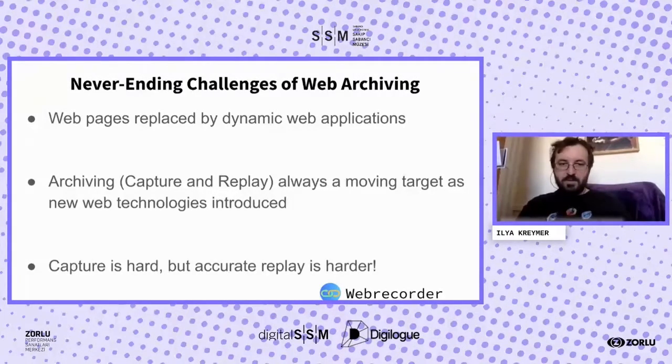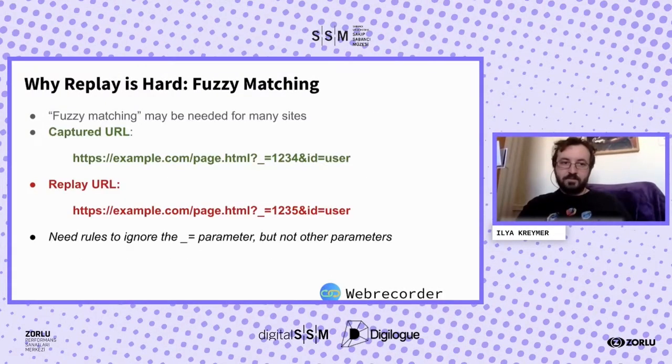Zainab mentioned some of them, so I also wanted to briefly mention a few others, including that when we replay URLs, we're sometimes not even getting the same URL back. The browser is requesting a different URL when we're playing it back than it did when capturing. Here's a very simple example of a page that might have a timestamp. It might have one timestamp when capturing, and then when we replay it, it has a slightly different timestamp.